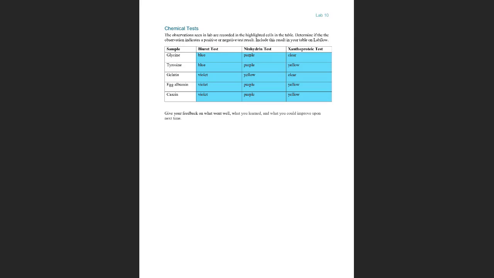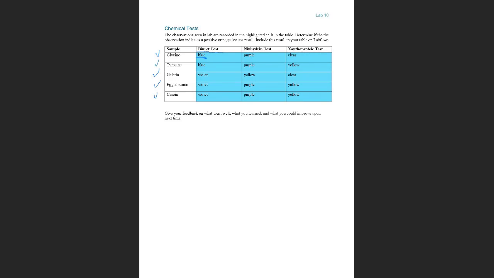This is the last part, and we went over a little bit. For example, let's say you have glycine, tyrosine, gelatin, egg albumin, and casein. Let's look first at the biuret test. What did we say? It's blue. What does it mean? Glycine gives a blue color.